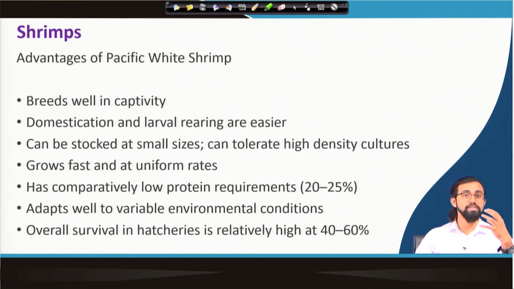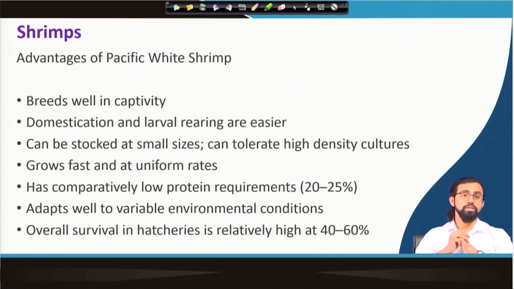This is just an example that I am giving. This kind of species can easily sustain such situations, and because of that it is considered to have major advantages over the other shrimp species.